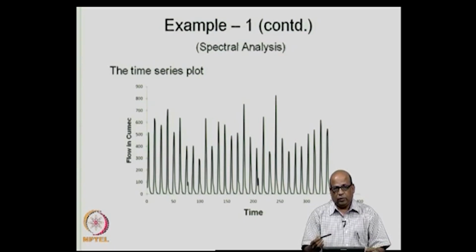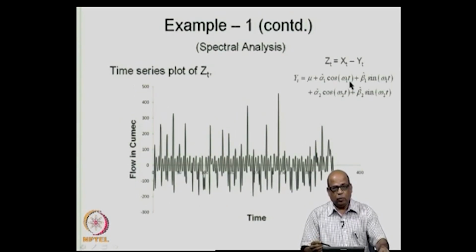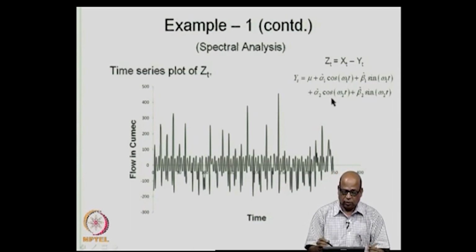So, we wanted to examine what happens to the series when we remove the first two periodicities from the data. We reconstruct the time series as z t is equal to x t minus y t, where x t is your original series and y t is the series corresponding to the first two periodicities.